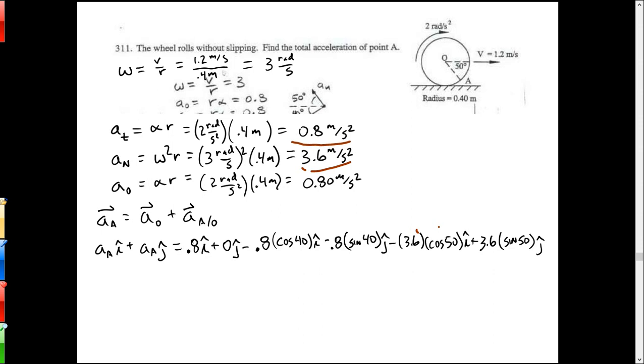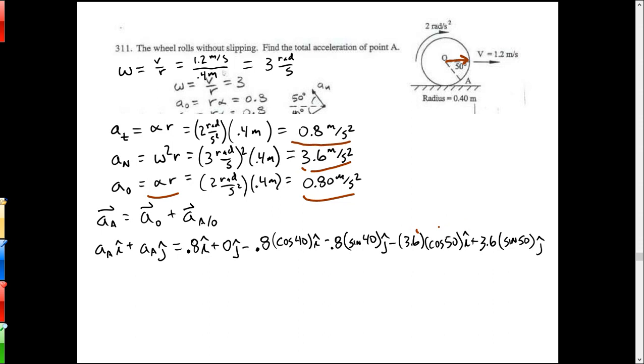And then as we were going over, I guess that was Friday, the tangential acceleration is also equal to the acceleration of the center of the wheel, the translational acceleration of the wheel, you might call it. That's alpha r also, so that's 0.8. So what we're doing here, we're finding the acceleration of point A, and to accomplish that, we just add all this stuff together.